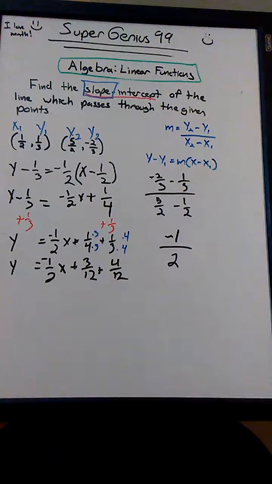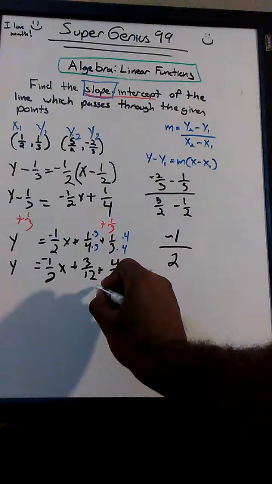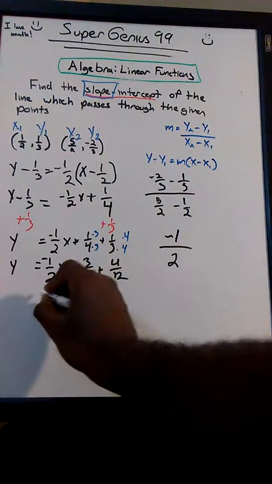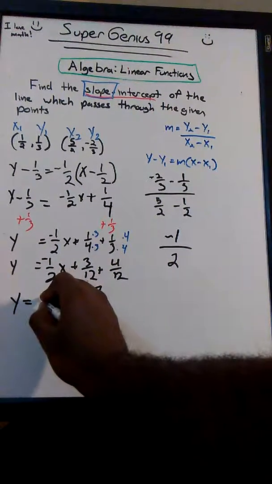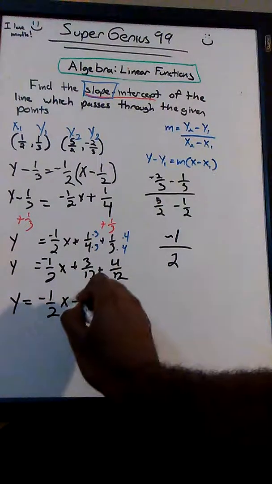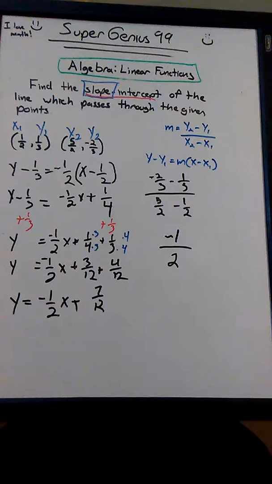Then what's 3/12 plus 4/12? 7/12. So y is equal to negative 1/2 x plus 7/12.